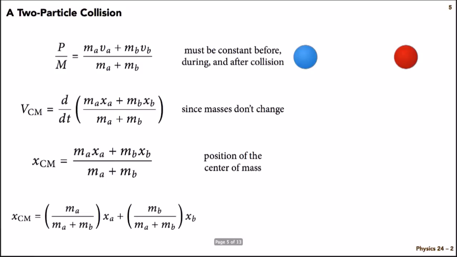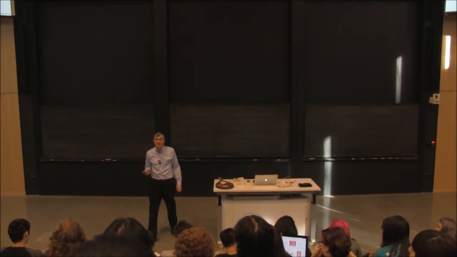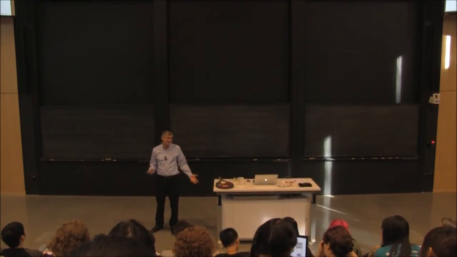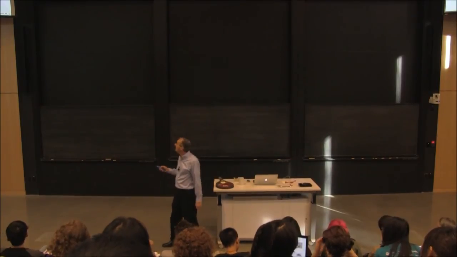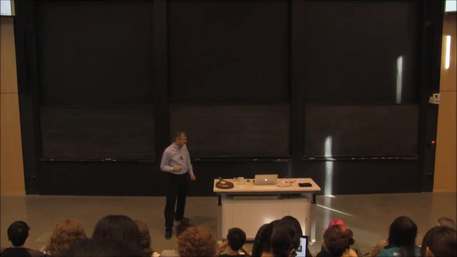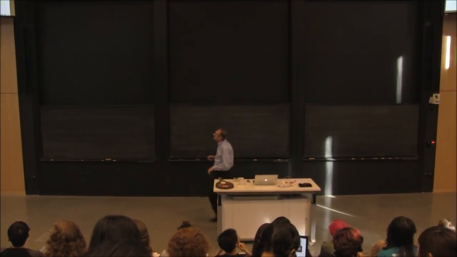If I had, let's say, this one's a bowling ball and that's a ping pong ball, where's the center of mass going to be? Pretty much at the bowling ball, because there's almost no mass in the ping pong ball. And so this is saying take the weighted sum of the positions of the particles, where the weight factor is the fraction of all the mass that is in that particular particle. Does that make sense to people? Okay, good.